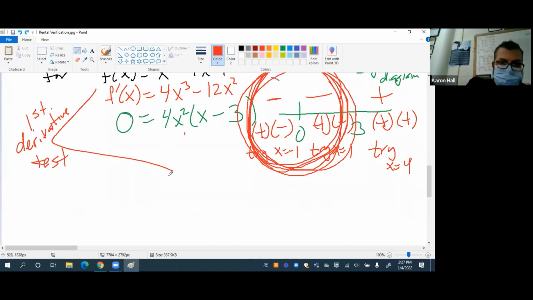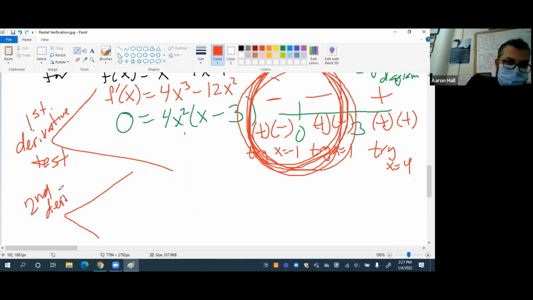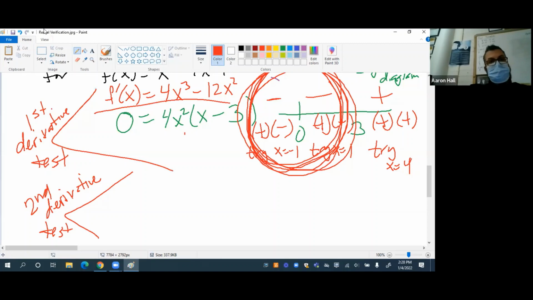So here's our second derivative test. So we're taking the second derivative. What is the second derivative?